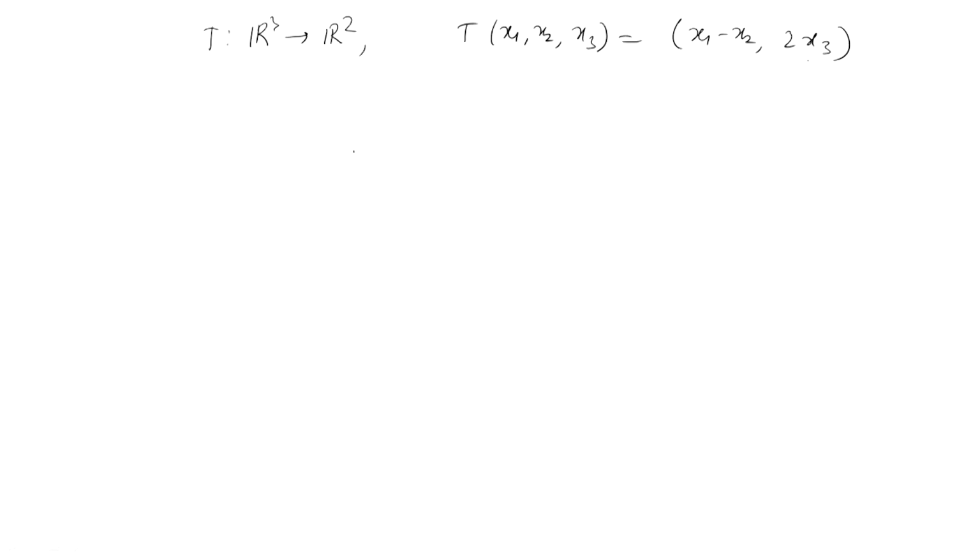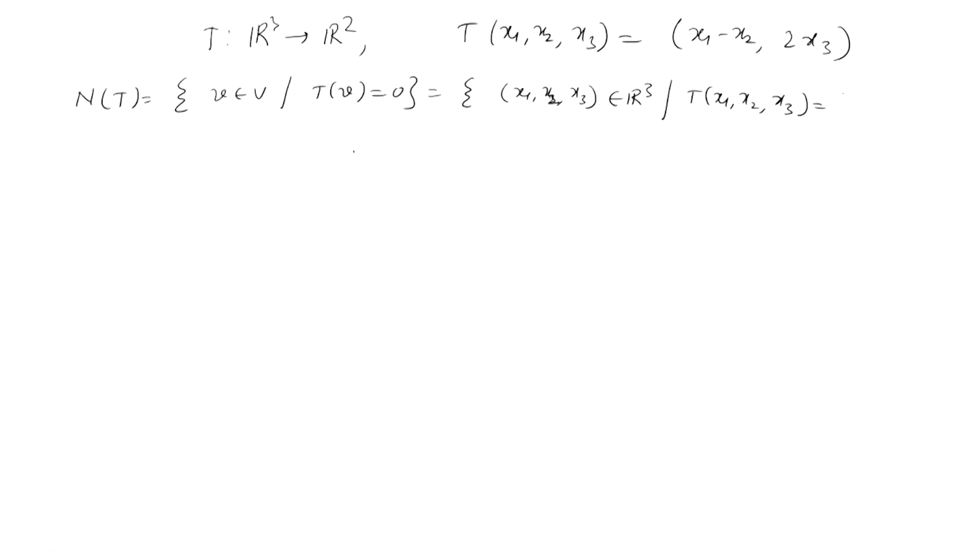Now, first we have to find the null space of T. By definition, it is all those v in V such that T of v equals 0. Here it is all those (x1, x2, x3) in R3 such that T of (x1, x2, x3) is (0, 0), because the image is in R2.